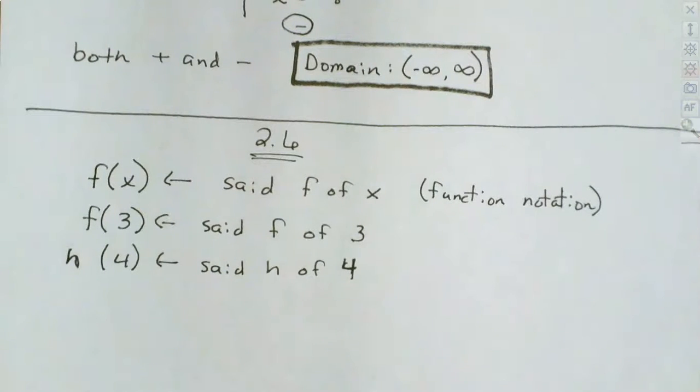So if I say f of x, that's, in English, that means f of x. You just put whatever function is out front, whatever letter it is, and then if it's a number, it's a number at the end. If it's a variable, it's a variable. So f of x is just said f of x. And f of 3 is f of 3, just to make sure we know how to say them correctly. That's all it is. And these are all examples of function notation.